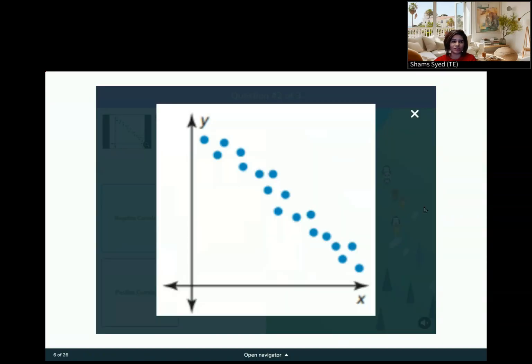Identify the correlation between the data sets. Well answered, Zayla, Jaden, Jesus, Safa, Amy, Brianna, Alyssa, Davery, Eleanor.